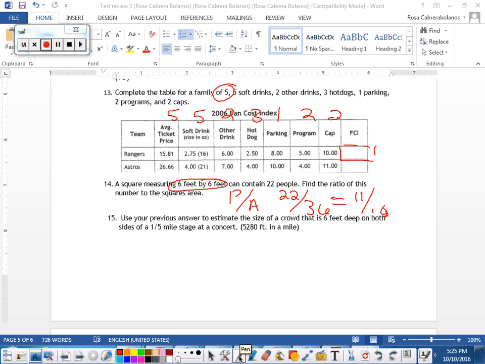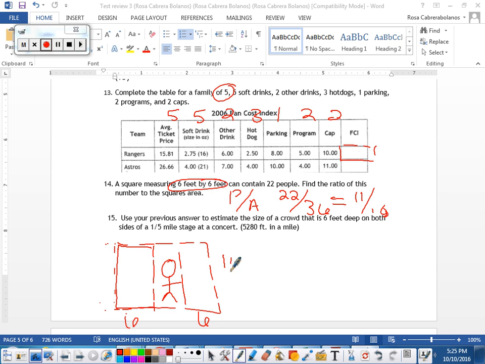Number 15, you have this picture of the singer that is having a concert. The person is singing right here. This is 6 feet. This is 6 feet over here. And this is 1/5 of a mile right here. But we want it in feet, 5,280.